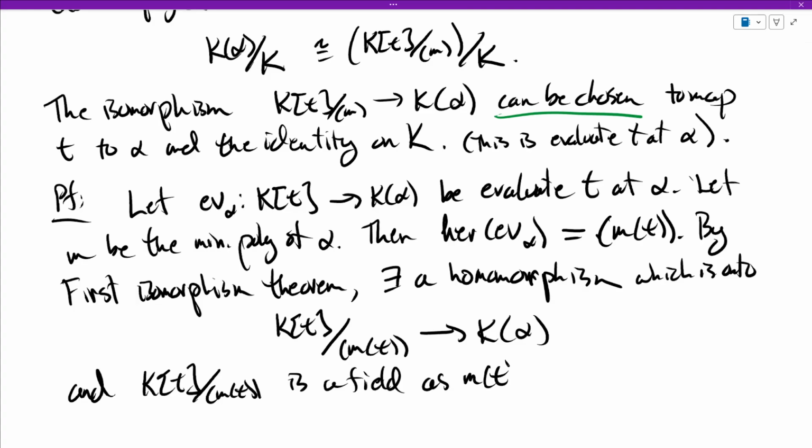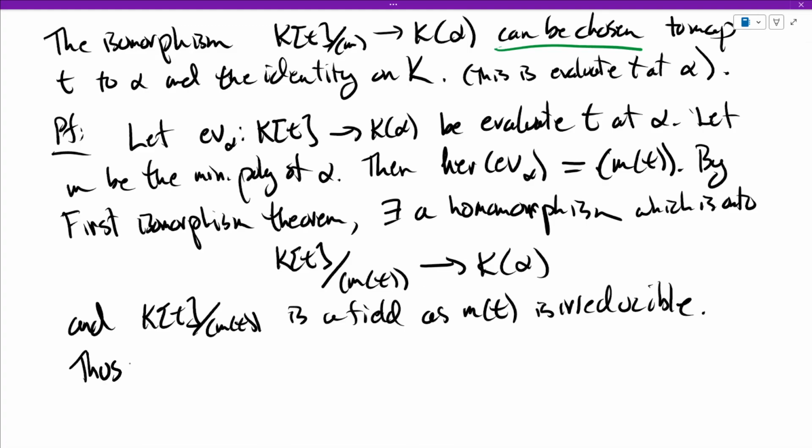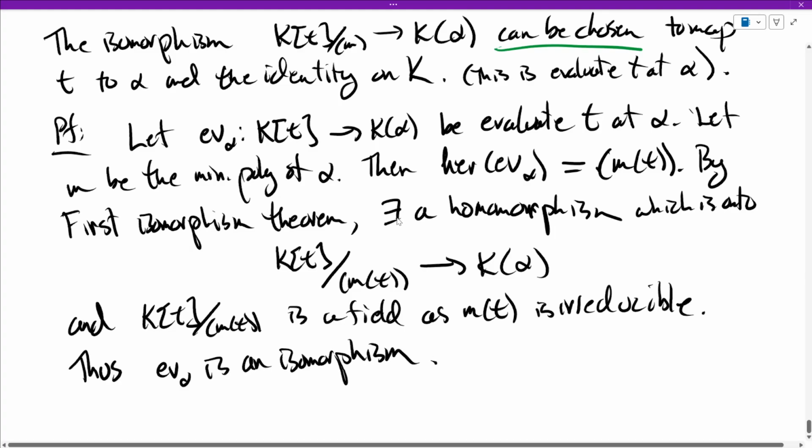Minimal polynomials are irreducible. All right, so we have an onto homomorphism from fields. That's what an isomorphism is. So thus, evaluation at alpha is an isomorphism. Great.